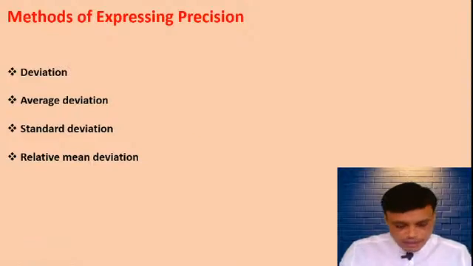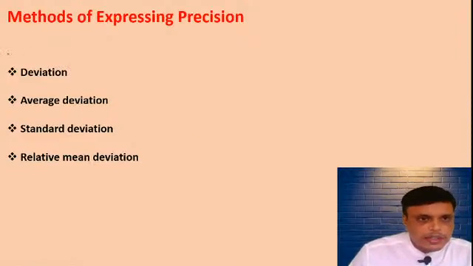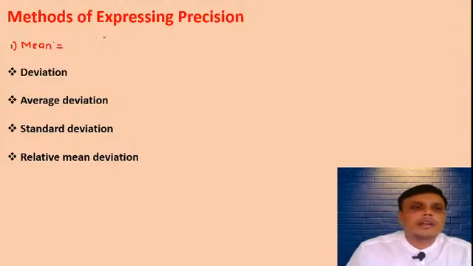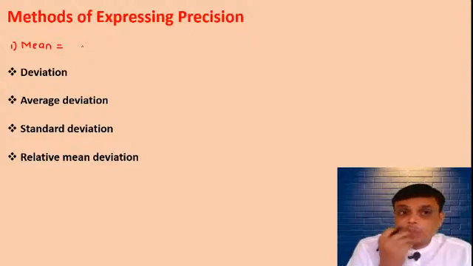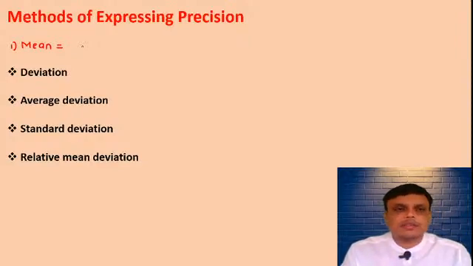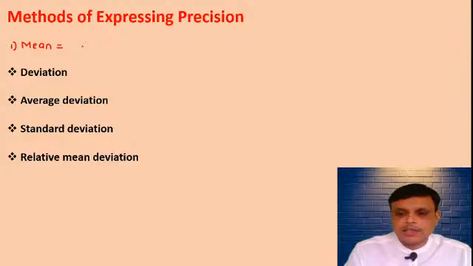Deviation, and one more term I have not written here: mean. I thought you all know how to calculate mean. ठीक है, आप लोगों को पता है how to calculate mean और average. ठीक है ना? So mean is also a very important term. ठीक है, so we will see all these terms one by one.